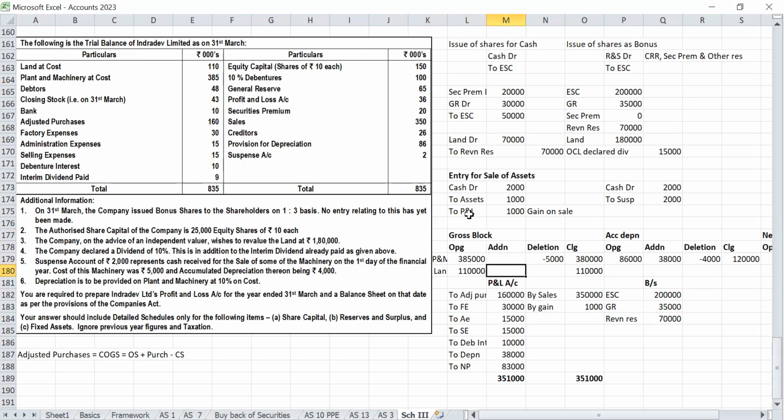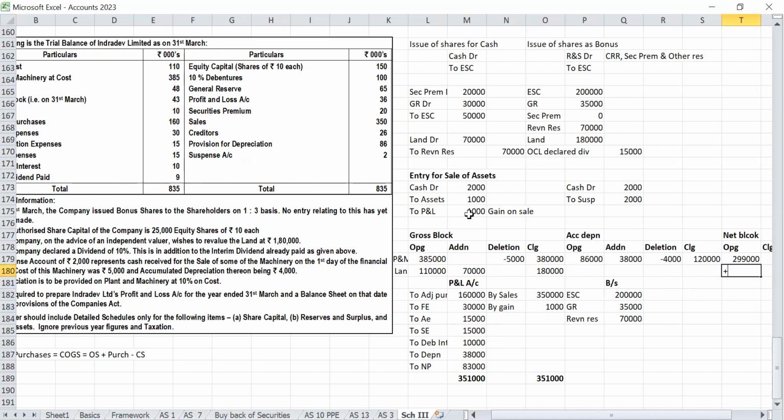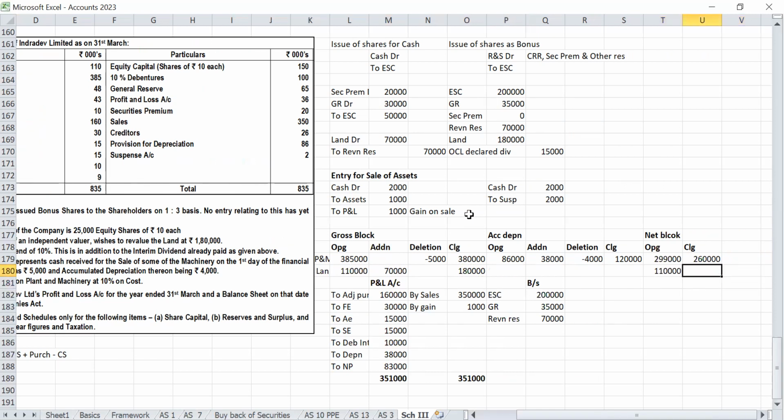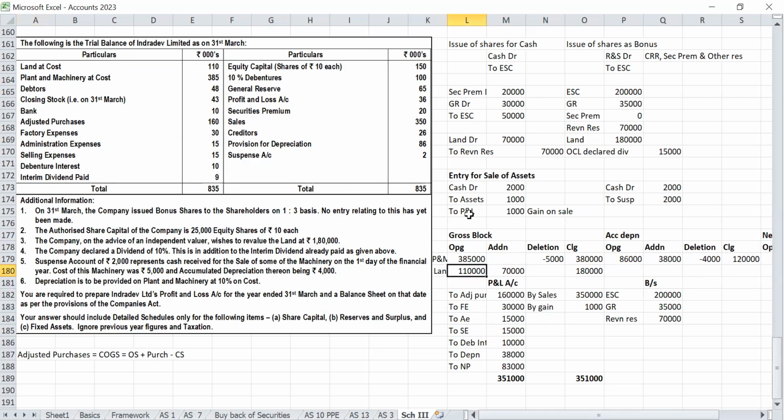So land addition 70,000, revaluation reserve. No depreciation. So opening 1 lakh 10, closing 1 lakh 80 after revaluation reserve. So 70,000 revaluation reserve.